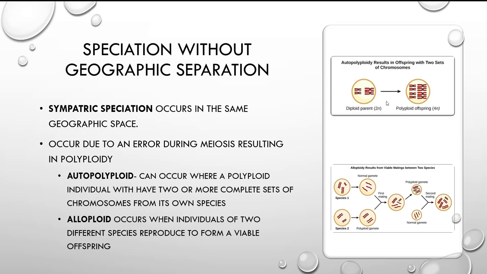It occurred randomly overnight. This didn't occur over thousands of years. We have one new species occurring from one individual plant, okay? So sympatric speciation can occur in the same spot by the same individual plant. So now we have a new species of plant.